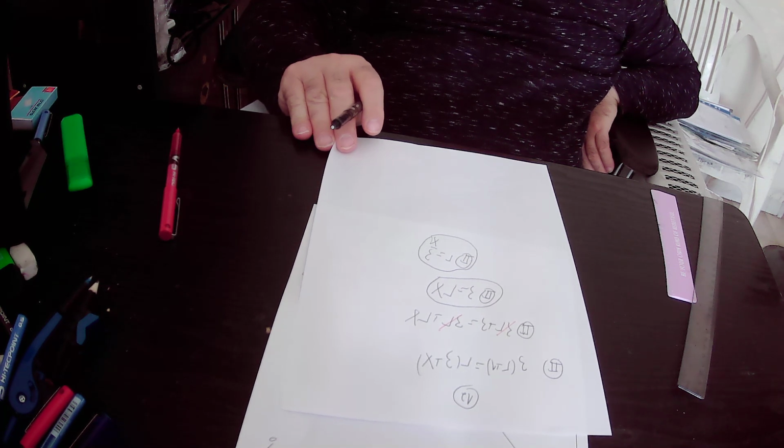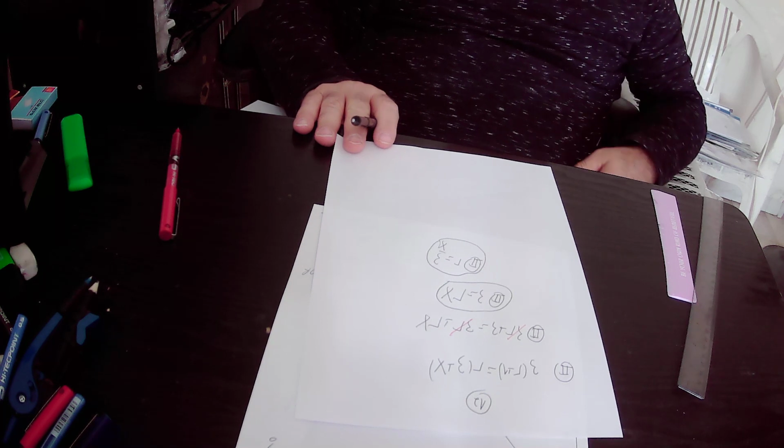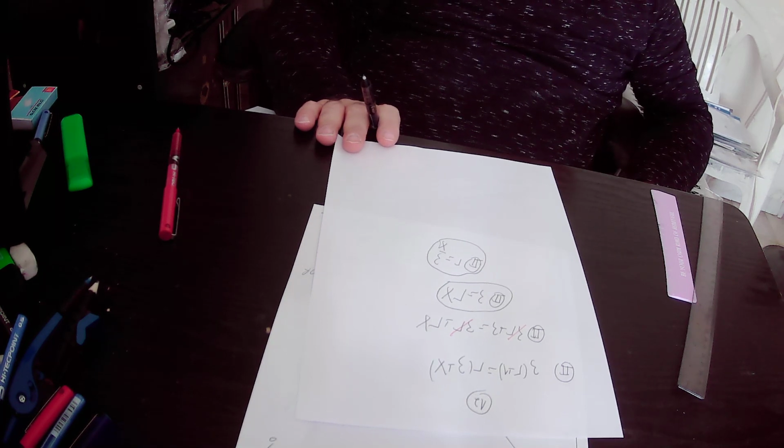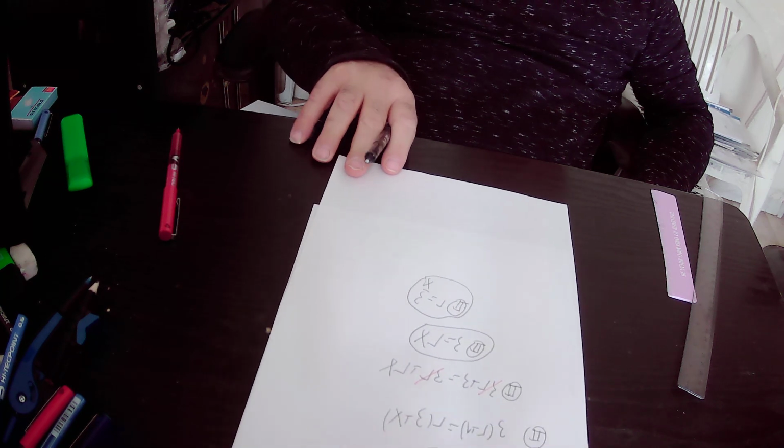So we actually found out that the radius of the semicircle equals 3 over X, according to equation number 2.